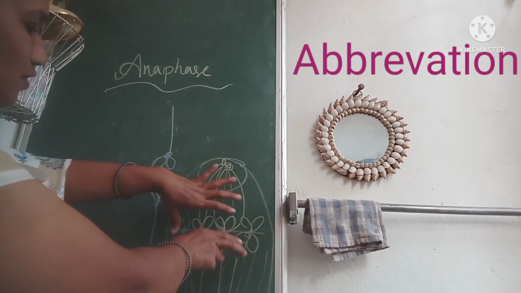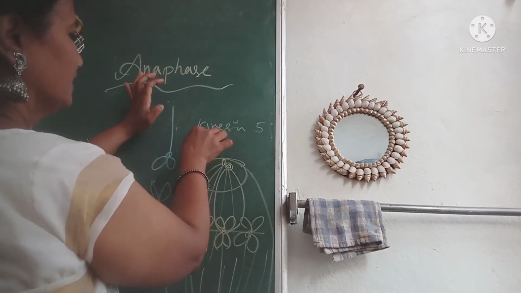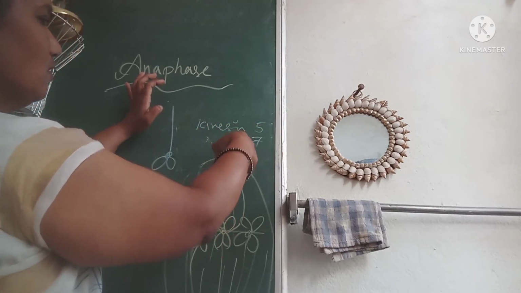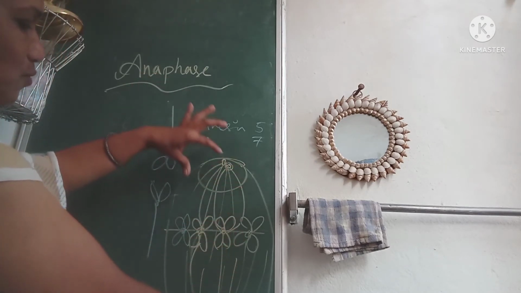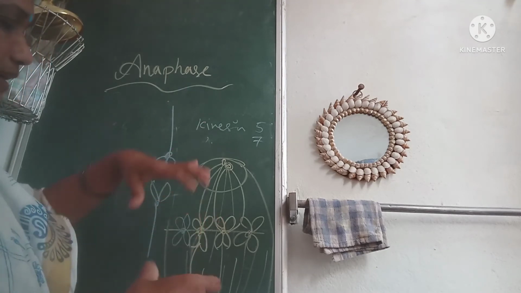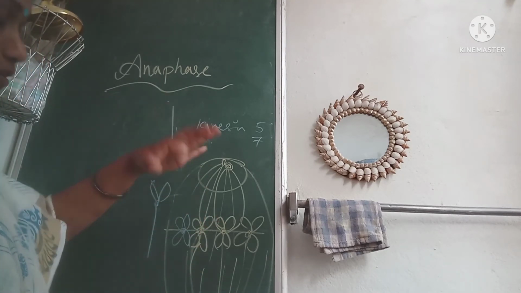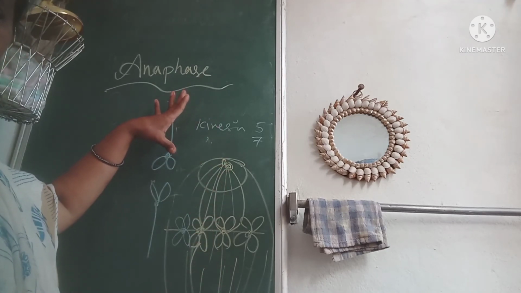When they are giving the motive force, kinesin 5 and kinesin 7 are also involved in this movement of the chromatids to either side, and ATP also energizes the pulling to either side. Then only is it possible to move to either pole.